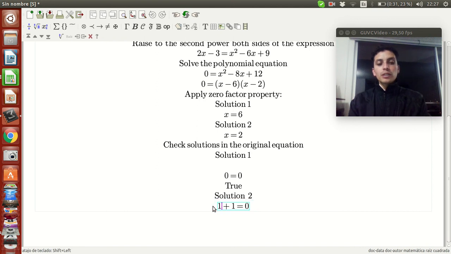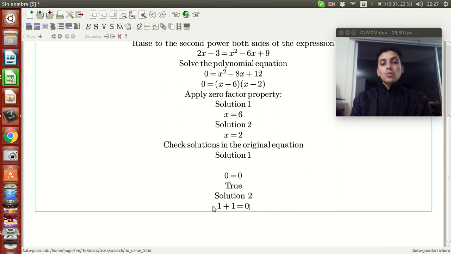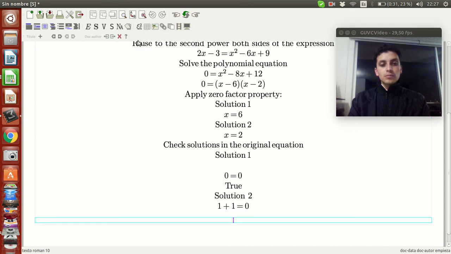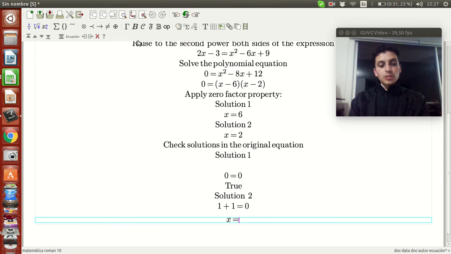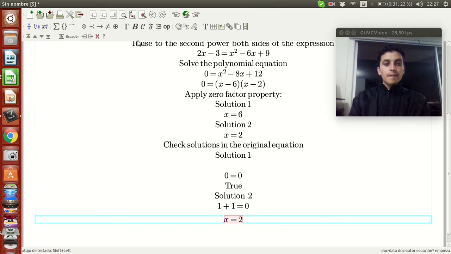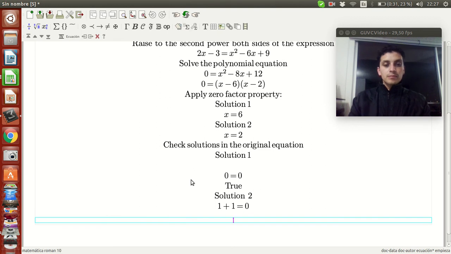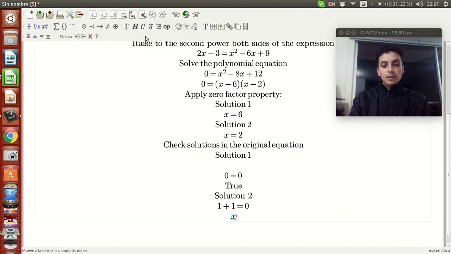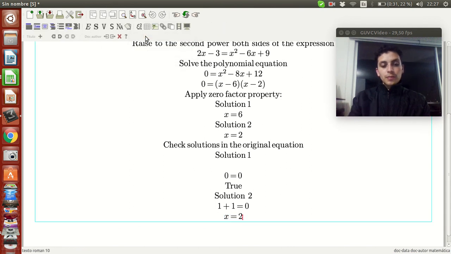And the square root of 1 is 1. 1 plus 1 is not 0. So we have to say that x equals 2 is an extraneous solution.